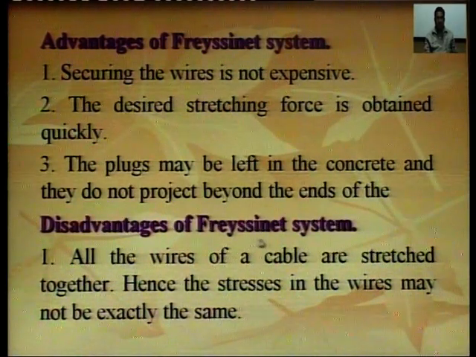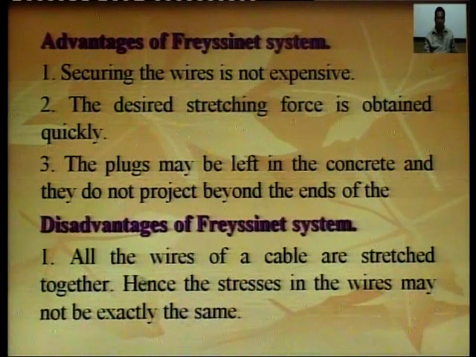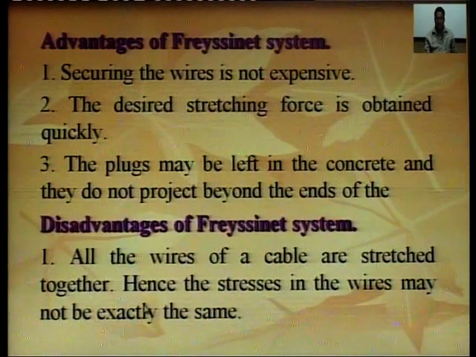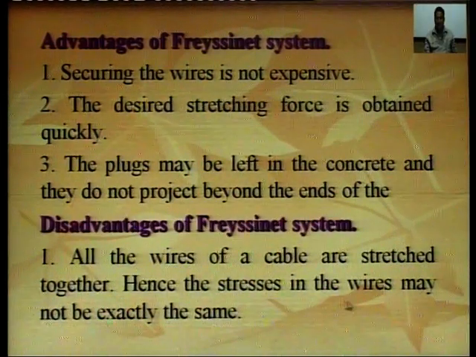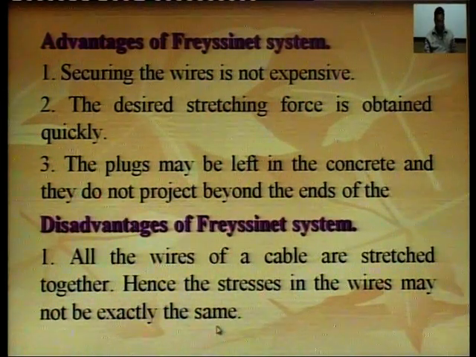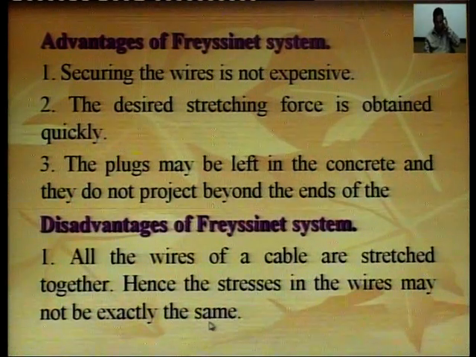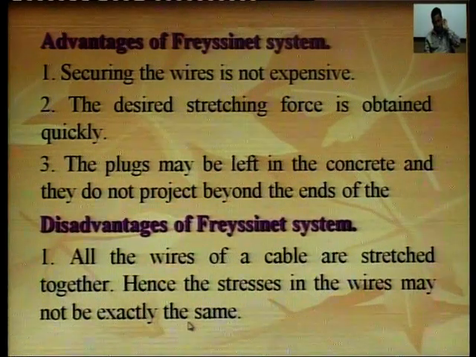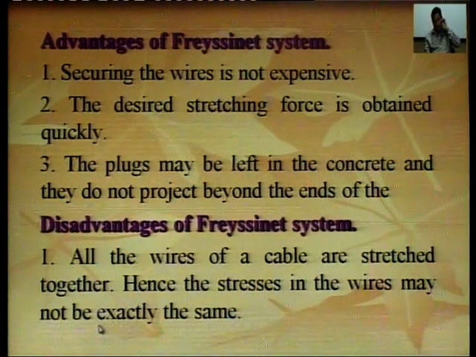Disadvantages of the Freyssinet system: all the wires of a cable are stretched together, hence the stress in the wires may not be exactly the same. Wires are stretched all together, therefore, all wires are not equally stressed.